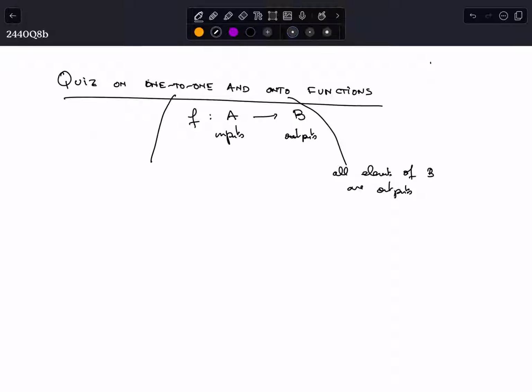What does one-to-one mean? Here it's more from the point of view of inputs. If you take two inputs, and if the two inputs have the same output, then they are already the same.